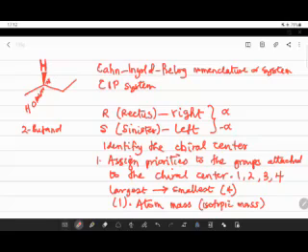If you look at this carefully, oxygen has a higher atomic number than carbon, and carbon has a higher atomic number or atomic mass than hydrogen. And because of that, we will assign priority 1 to the oxygen, which is the hydroxy group.